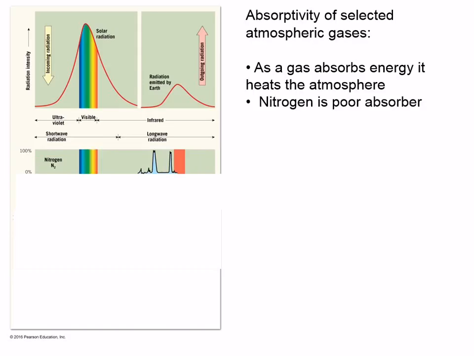So here we go, starting with nitrogen. I know it's hard to see. This is the presence of nitrogen. This is looking at percent transmittance.